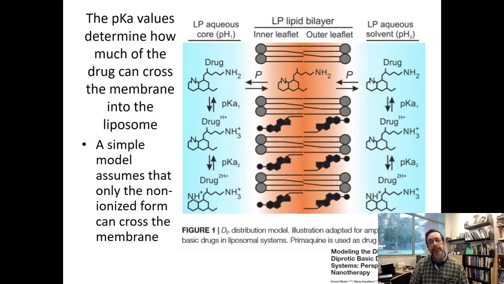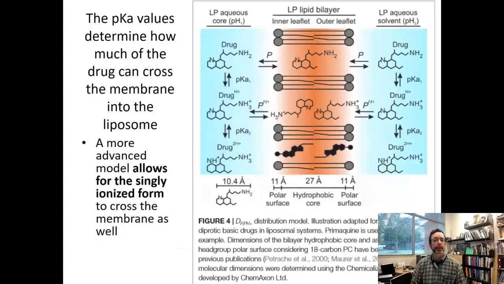The group actually has a more complex model. They started with a more advanced model because they realized that the singly charged drug, if it looks like this, with a charged group on the very end of the molecule, on a primary amine that is sticking out from the molecule, can actually also dissolve in the membrane.